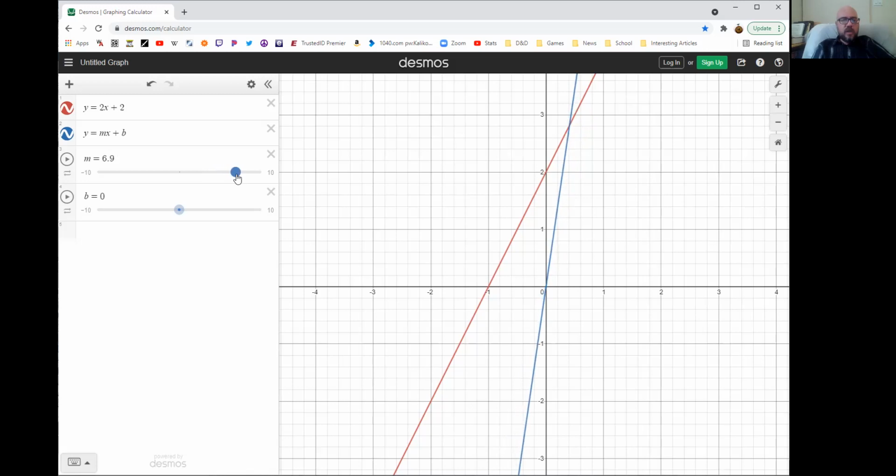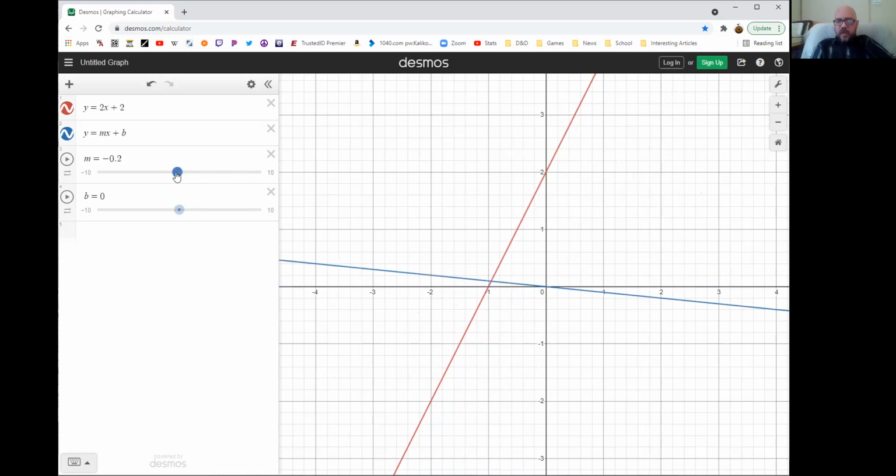When m equals 7, very steep. M equals 10, incredibly steep. And let's go down closer to 0. As it gets close to 0, you can see the line flattens out. When m is 0, you can see the line's horizontal. So a horizontal line has a slope of 0.